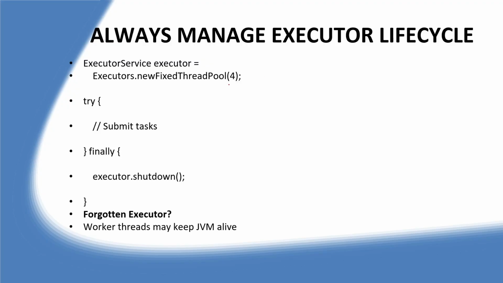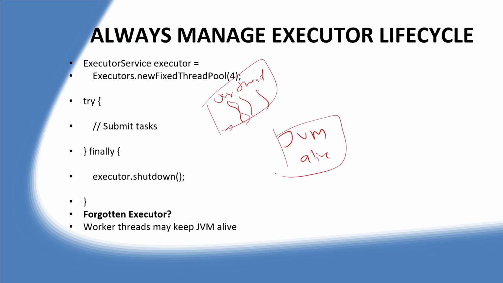The JVM will be alive until any one user or worker thread is under process. If any one user thread is in an active state, the JVM will be alive. And if all user threads are terminated, then the JVM will start its shutdown process.